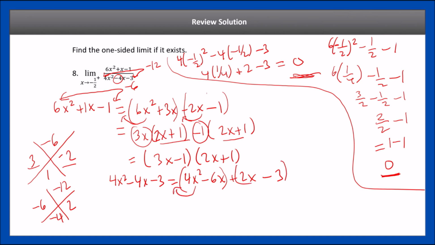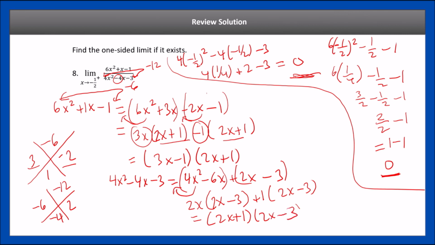I can pull out a 2x there. So we got 2x times x minus 3. And then I can pull out an invisible 1, and we get 2x minus 3. So if I factor it, I get 2x plus 1 times 2x minus 3. All right, so now we're going to lump these into one fraction.